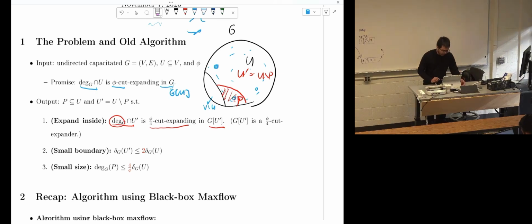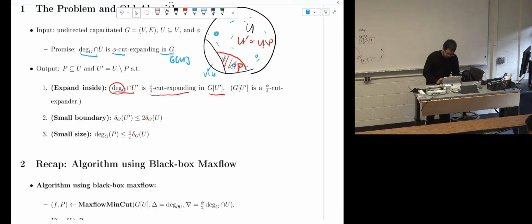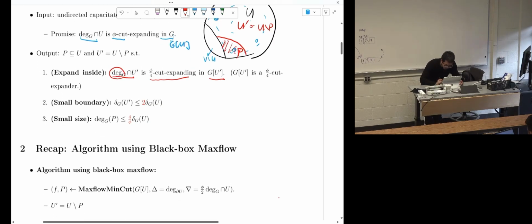And the old algorithm, what was that, right? The old algorithm really just does this.